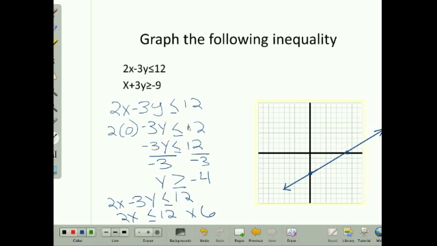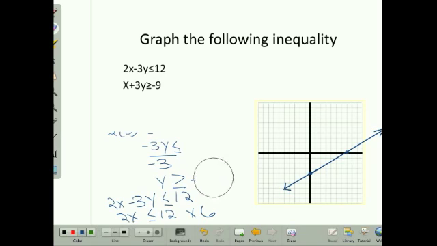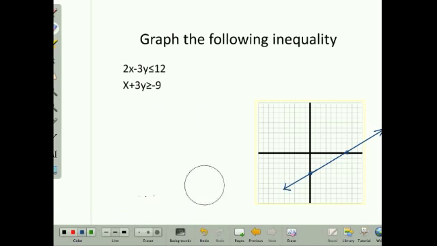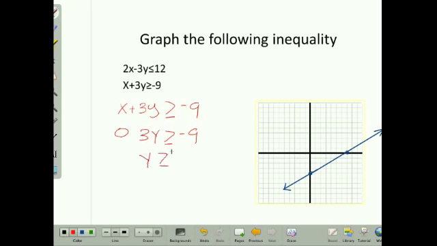Okay, so I'm going to do the same process for the second equation. I'm going to make this one a red one. And x plus 3y is greater than or equal to negative 9. Substitute 0 for x, and we're left with 3y is greater than or equal to negative 9. Y is greater than or equal to negative 3.